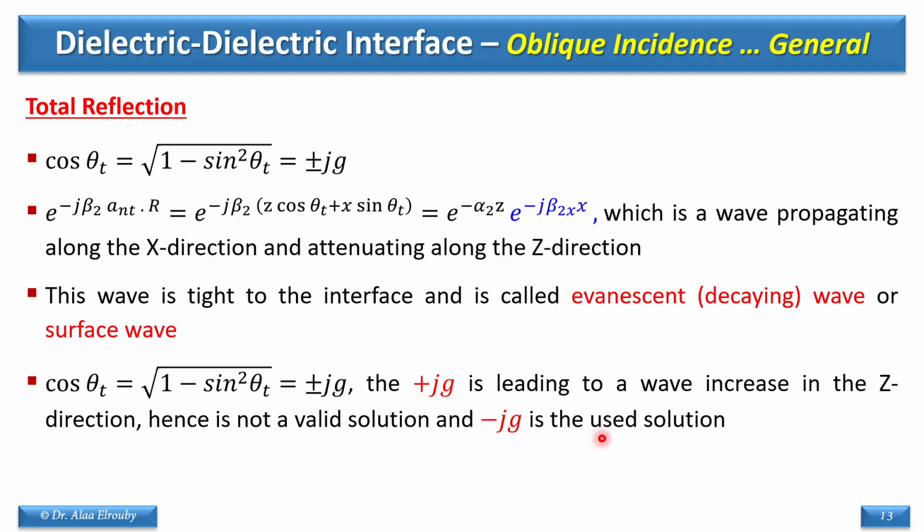So the only solution that we use is the negative, which results in a negative sign here, which means there is a decaying wave along the positive z direction, and this is physical, because at infinity we would have a vanishing wave. This is the solution that fulfills the general boundary condition.